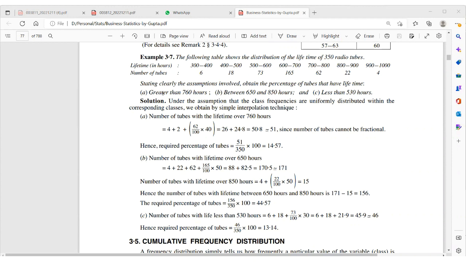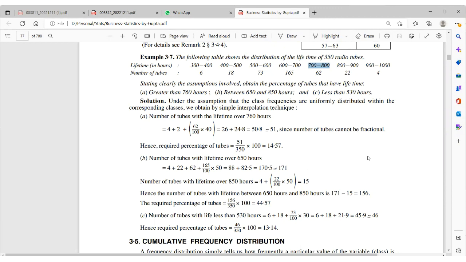First one, greater than 760 hours. 760 lies between 700 to 800. Greater than this, that means greater than 760, some part of 62, then 22, then 4.